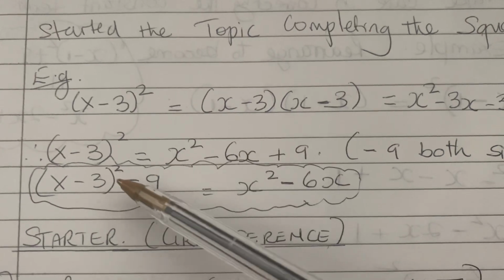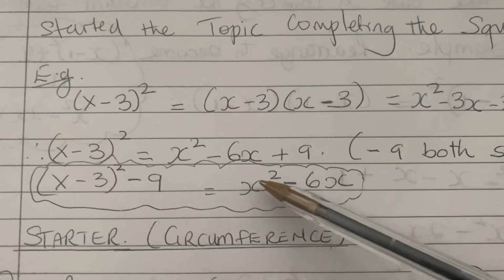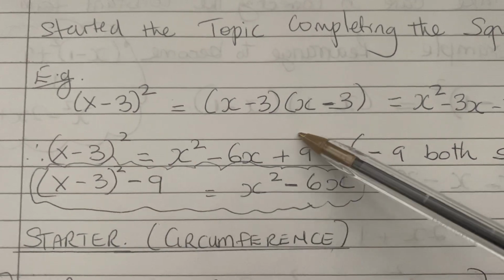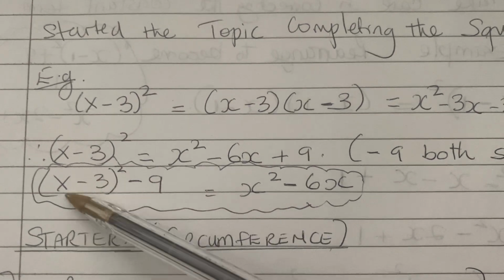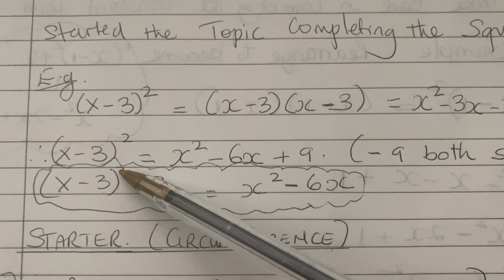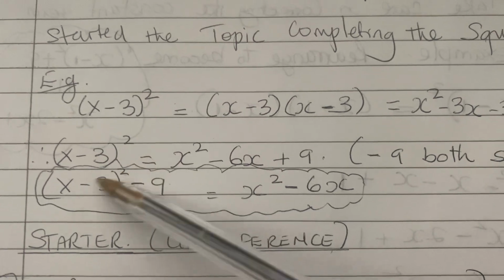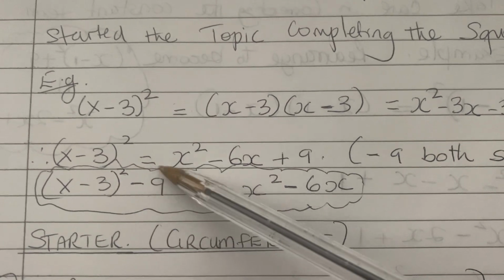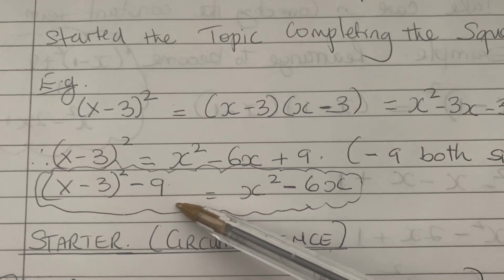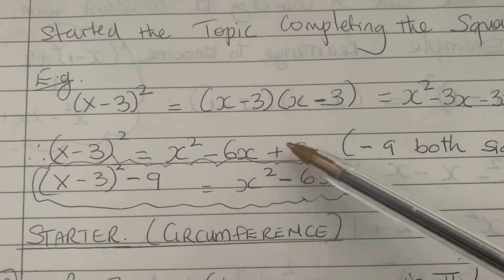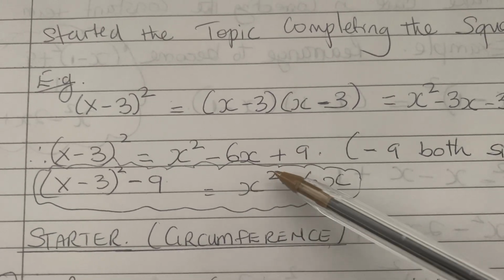So if I subtract 9 from both sides, I'm going to get x minus 3 all squared minus 9. So x minus 3 is now a square, and then 3 squared, which is 9, is also a square. And this will be equal to, we've gotten rid of this 9, so this will become x squared minus 6x.